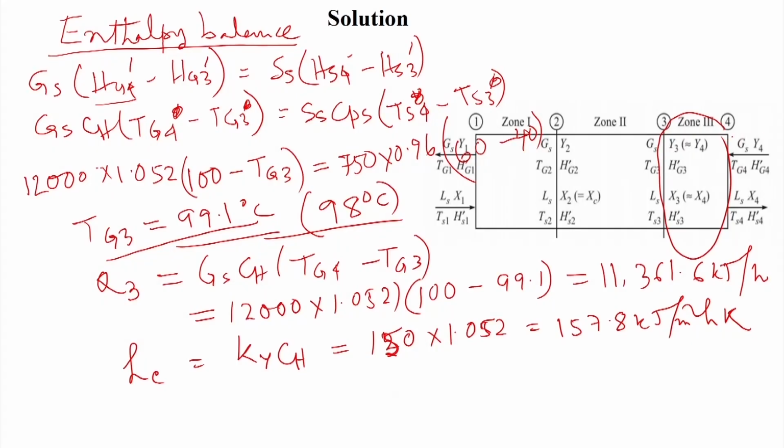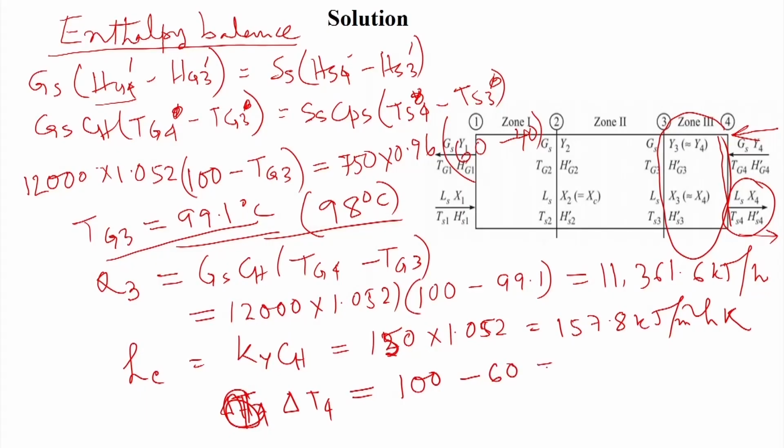At station 4, where the hot drying solid is exiting and the drying gas is entering, delta T4 is 100 minus 60, so this is 40 degree Celsius. And in station 3, the temperature driving force delta T3 is 99.1 minus 40, so it is 59.1 degree Celsius.